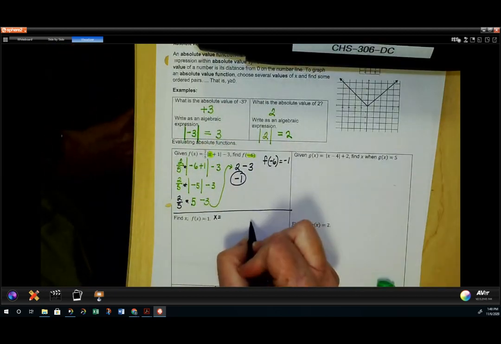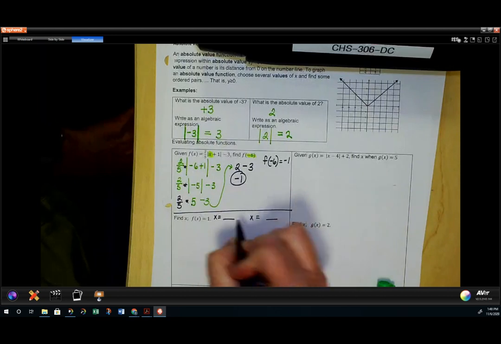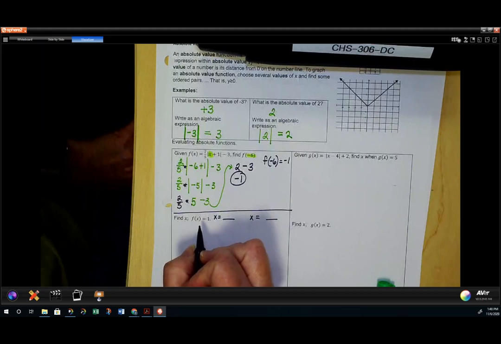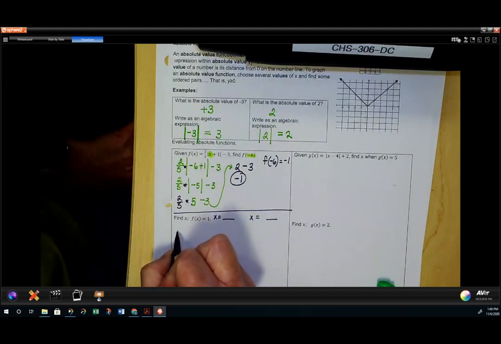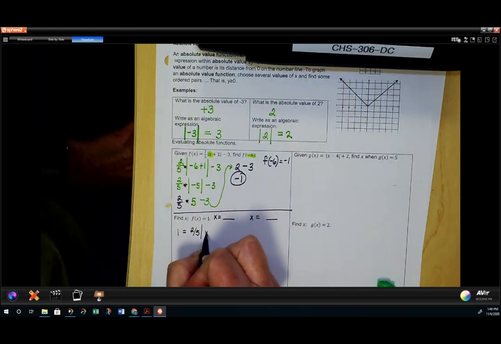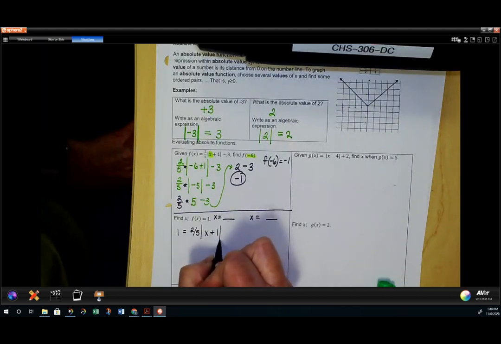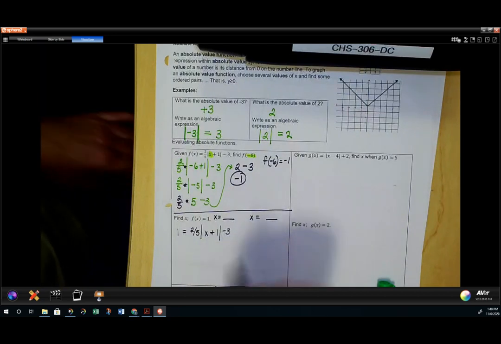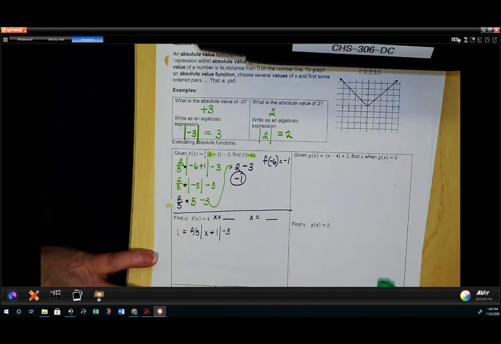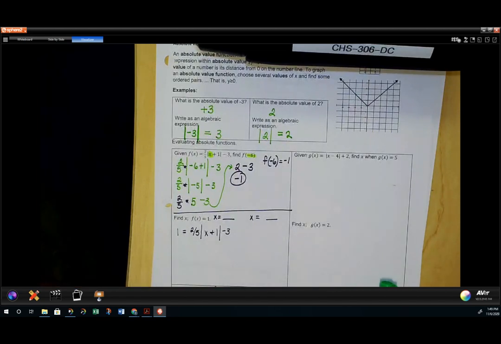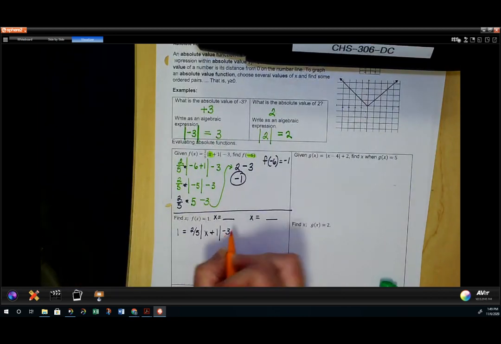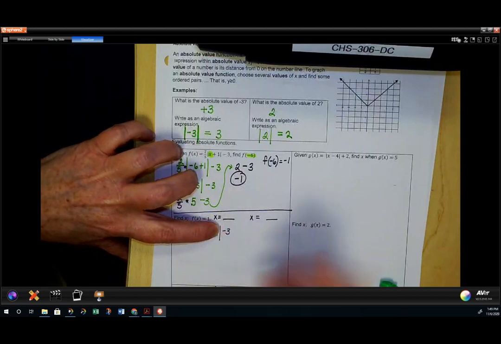I know I'm going to have two particular answers. The way this works is that 1 is equal to 2/5 absolute value of x plus 1, and then minus 3. You have to go through and solve this so you can get x all by itself. So I subtract 3 first.